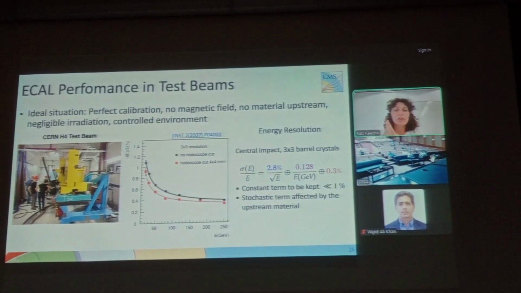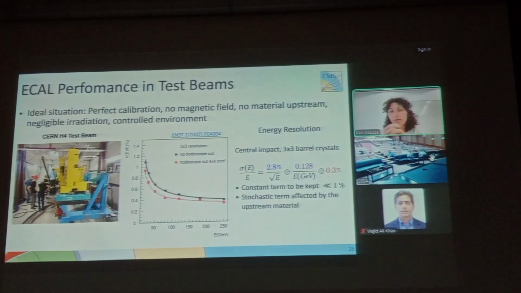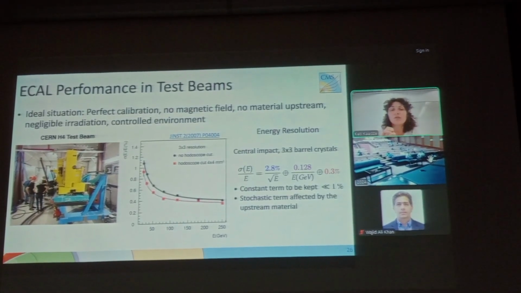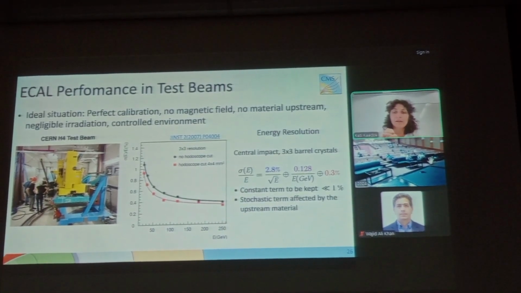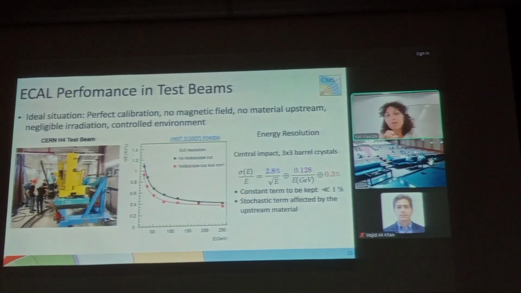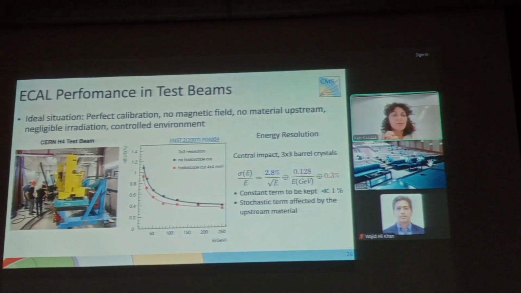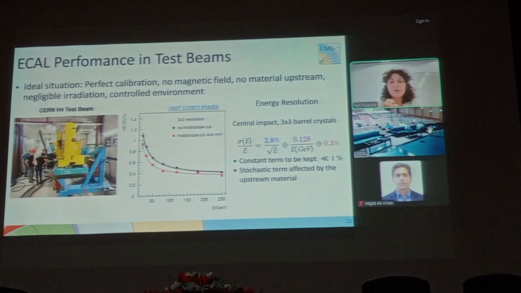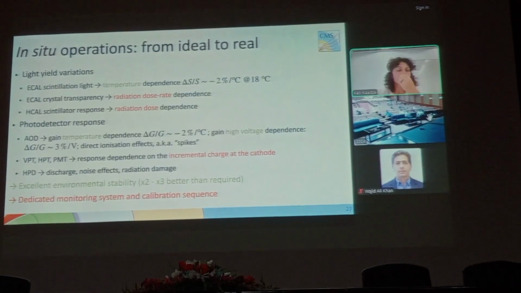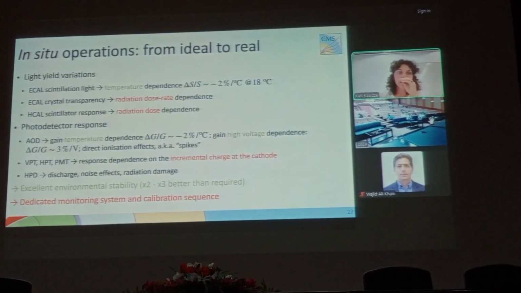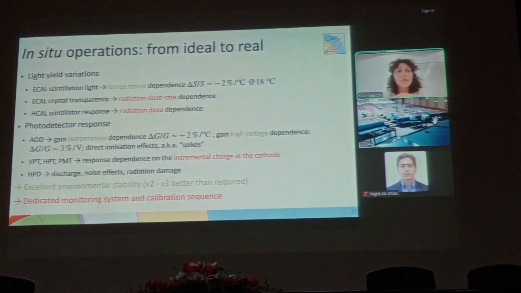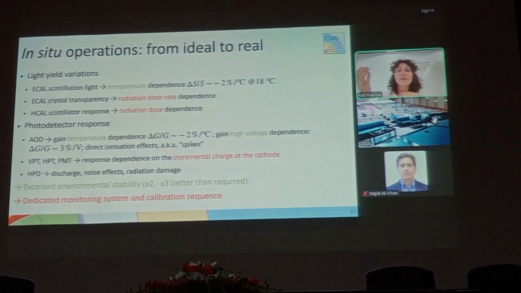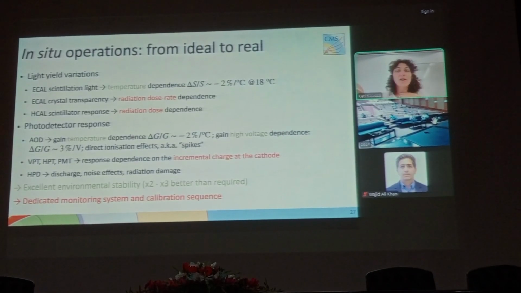So we check how this detector performs, what resolution we measure, and we get very nice performance, whatever our target is, so we are all happy. But of course, when it comes to the real experiment, it is somewhat far from the ideal case.